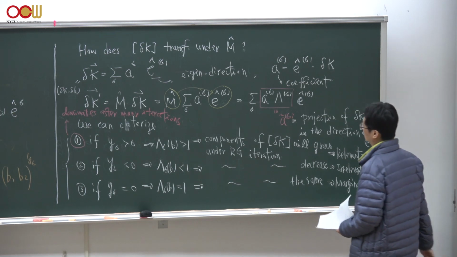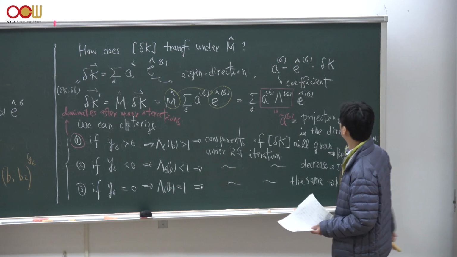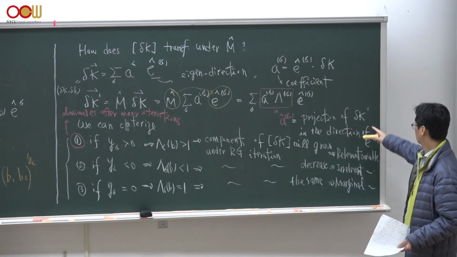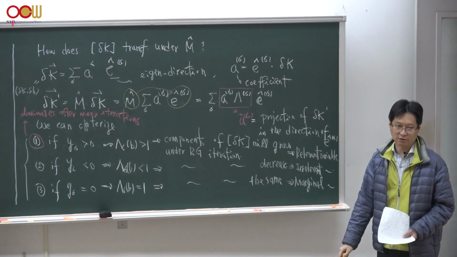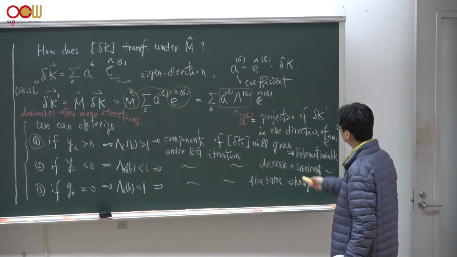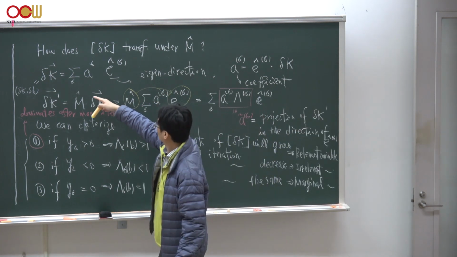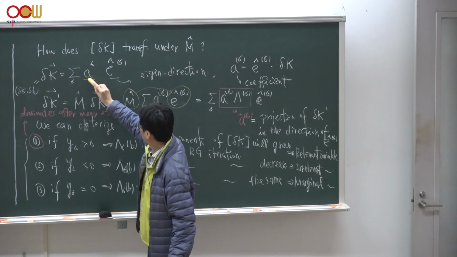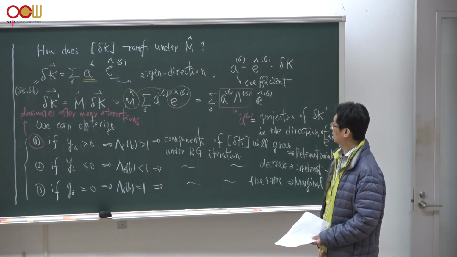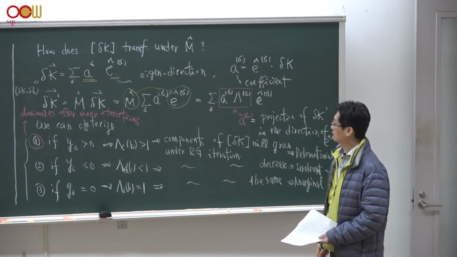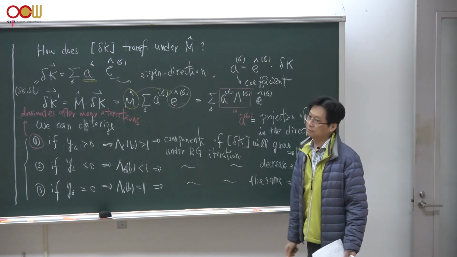As a result, you can see that under RG, this coefficient, which we call the projection of delta k prime in the direction of this eigenvector, gets modified. Before this RG is performed, this projection, which is the coefficient in front of this linear combination of the eigendirections, is called A sigma. But now it is A sigma times lambda sigma.